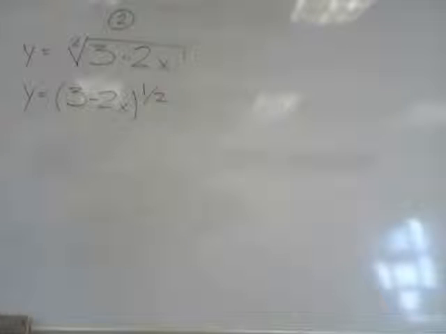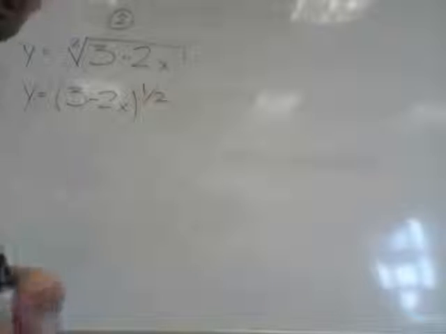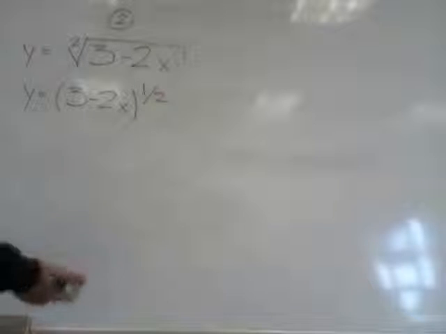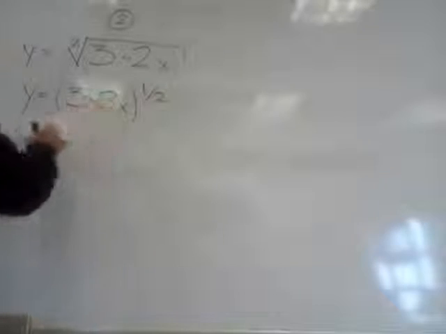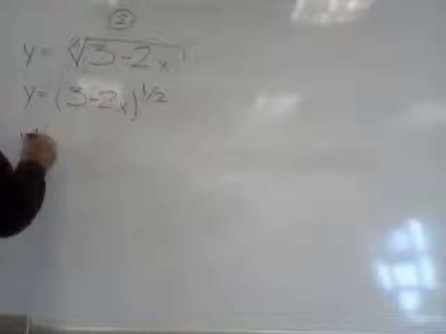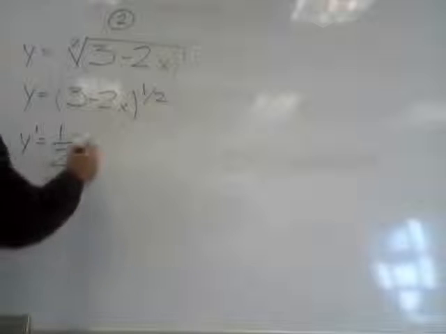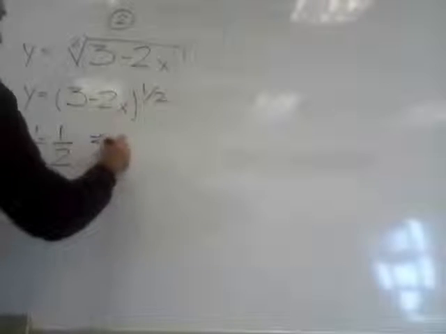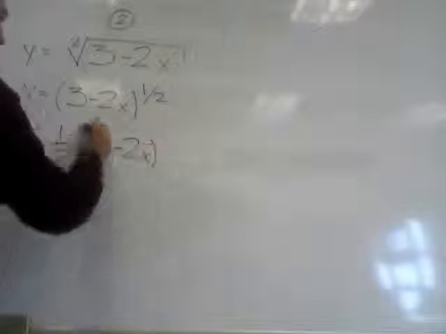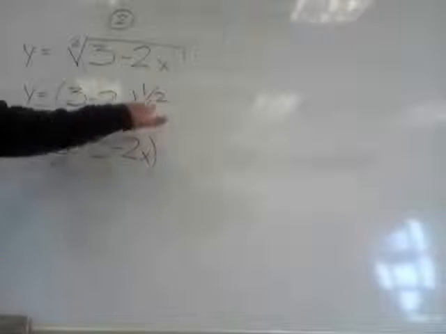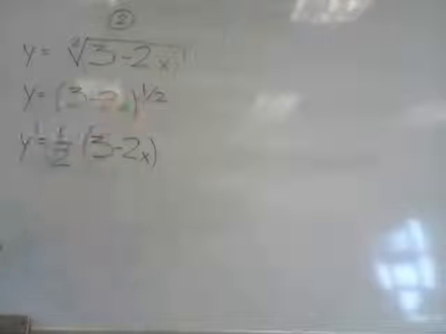Now I can use my formula number 6. Formula number 6 again will be this here, 1/2. U, remember, remains the same, 3 minus 2x. And then n minus 1.